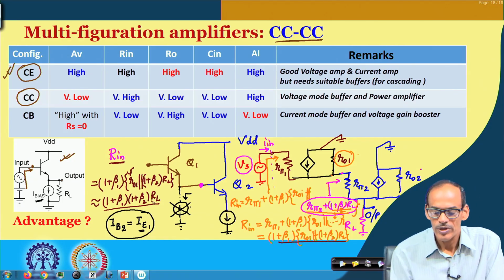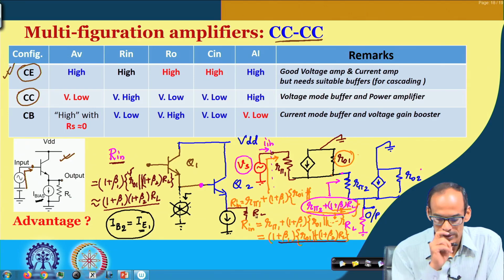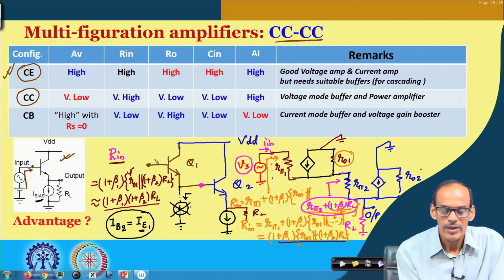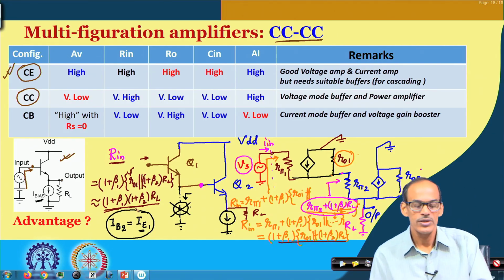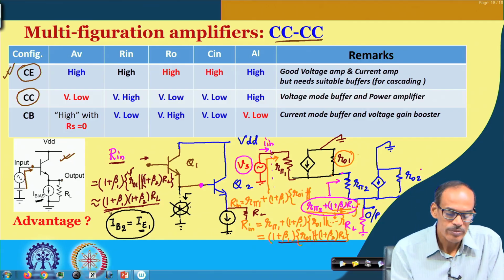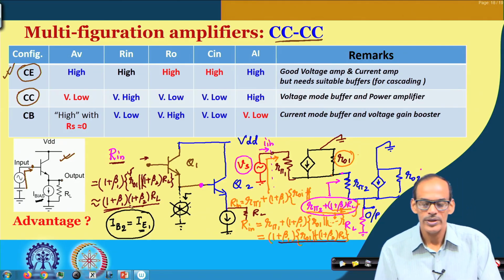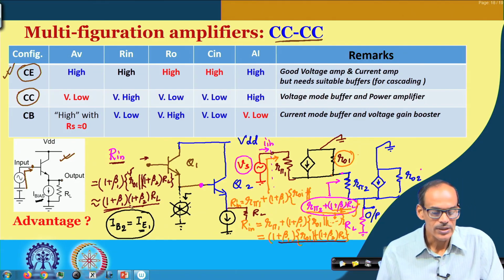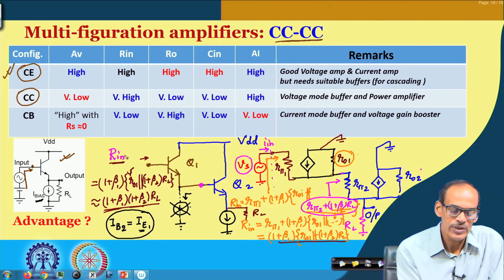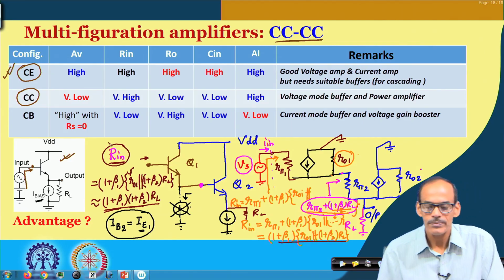which means that whatever the load resistance R L we are connecting to the circuit, that is seen by the input signal source through this amplification of the impedance of each of the stages, namely 1 plus beta 1, 1 plus beta 2 are getting amplified. As a result, you can get really very high input impedance.